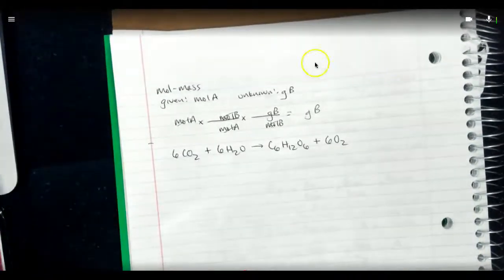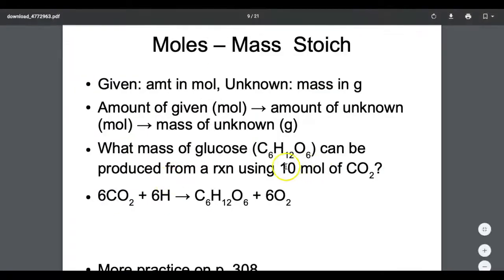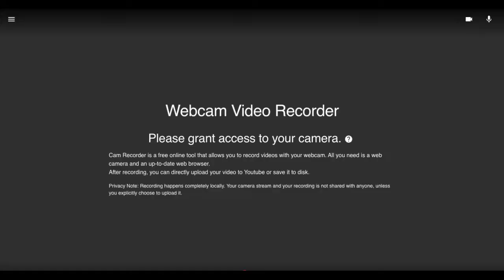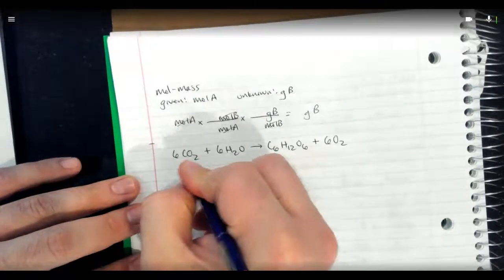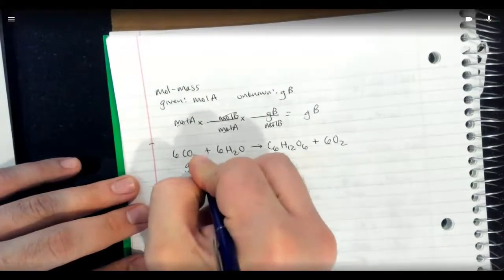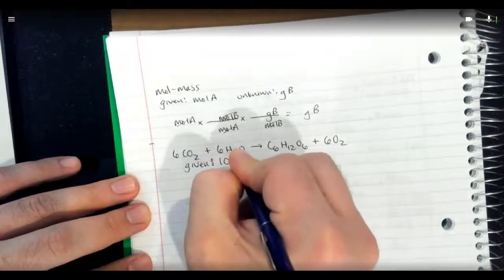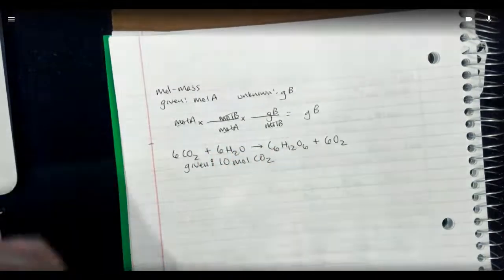Now we need to identify our known and unknown. Look for the numerical value right here, 10 moles of CO2. That's going to be our known. So our given is 10 moles of CO2.